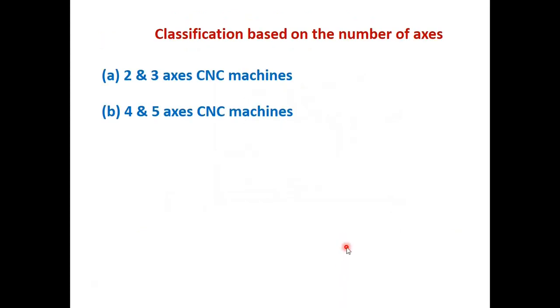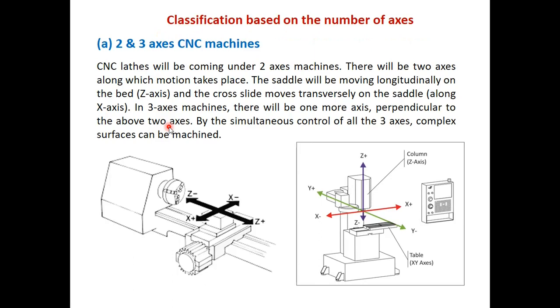The next type of classification is based on the number of axes. Based on the number of axes, the CNC machines are classified as 2 or 3 axis CNC machines, or 4 or 5 axis. So let's see the first one, 2 axis and 3 axis. A CNC lathe machine comes under 2 axis machines, while the vertical milling machine comes under 3 axis.